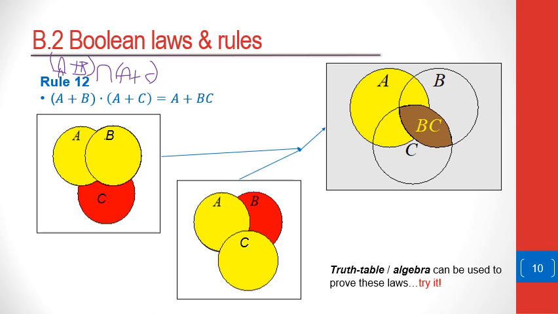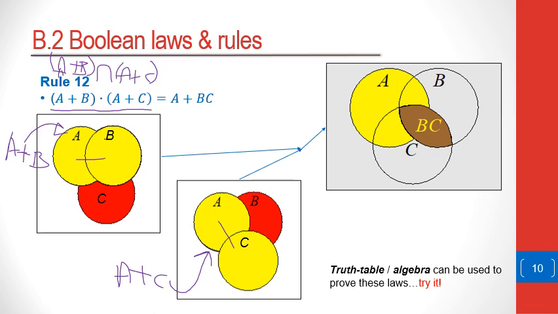The first region, A or B, is highlighted here in yellow. And then the second region separately, A or C, is also highlighted here in yellow. Now the result here should be the intersection of the two regions, where this region intersects this region.